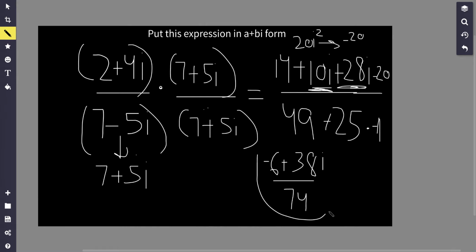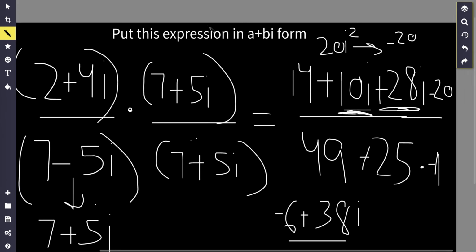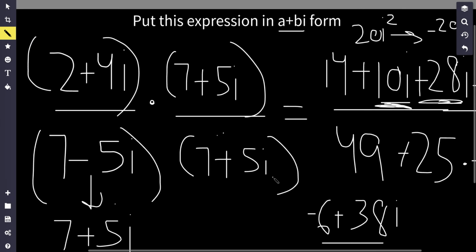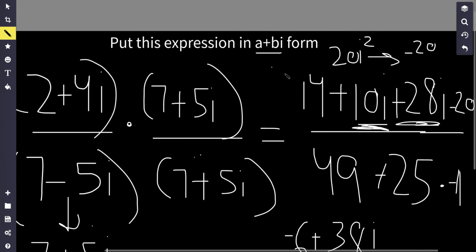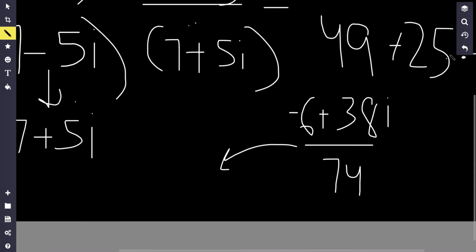And this is correct, but we're not done yet, because it says for us to put this expression in a plus bi form. So we want the real part on one side and the imaginary part on the other side. So what I'm going to do now is break this into two fractions.